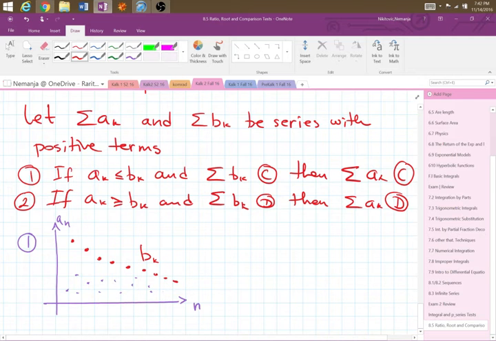The second one is the same, except you are looking for BK that is smaller than AK, which will push AK into divergence. So whatever the sequence is, it doesn't fit patterns, doesn't do much good.